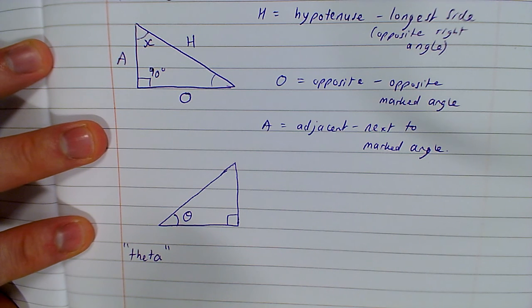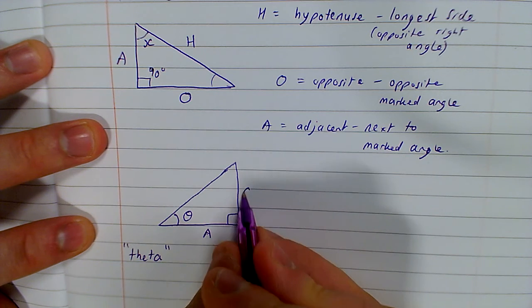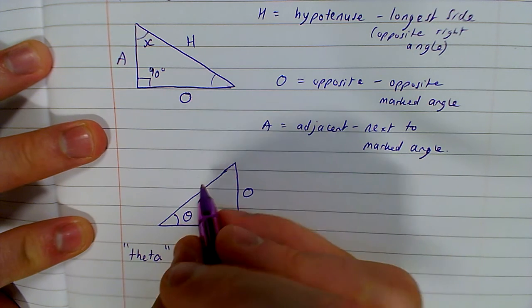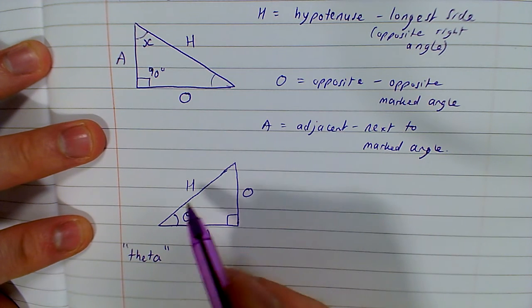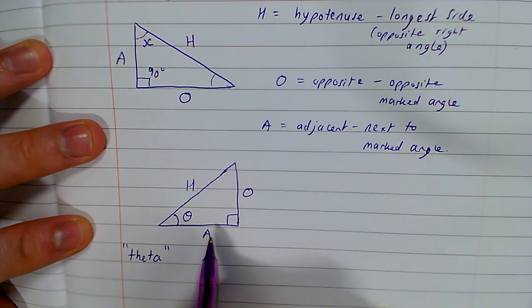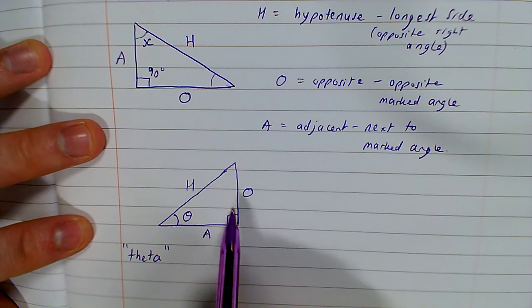So in relation to theta, this would be the adjacent, this would be the opposite, and this would be the hypotenuse. Longest side, H. The side next to the angle marked theta is A, adjacent, and this side is the opposite side because that's opposite the angle marked theta.